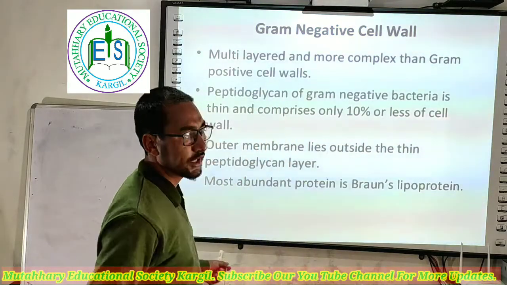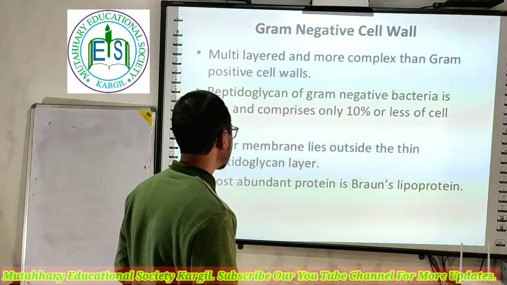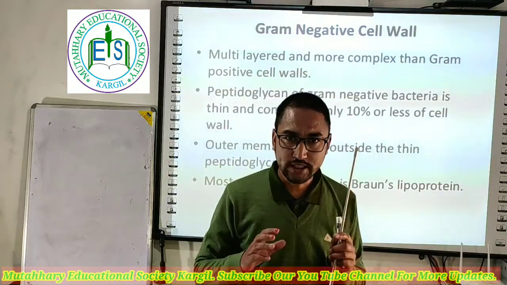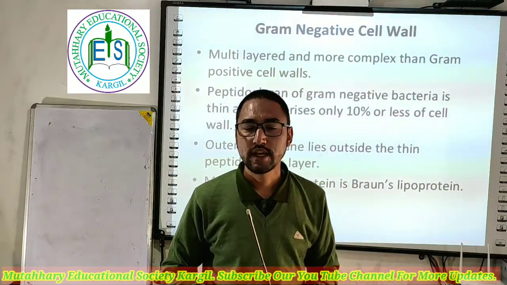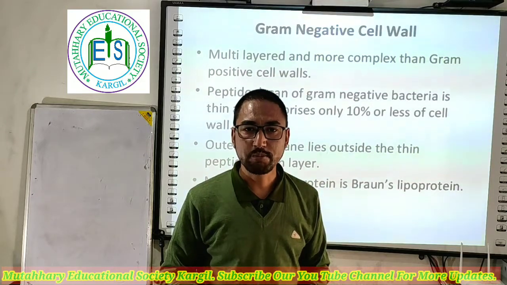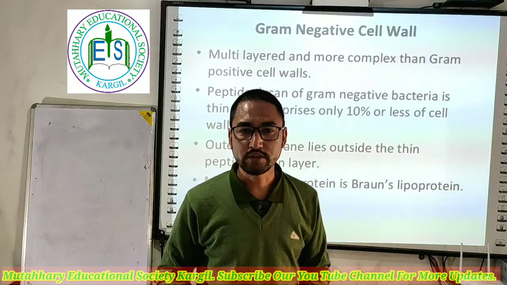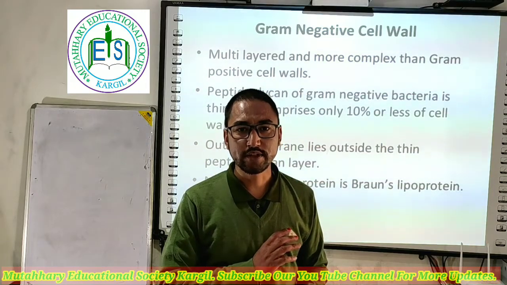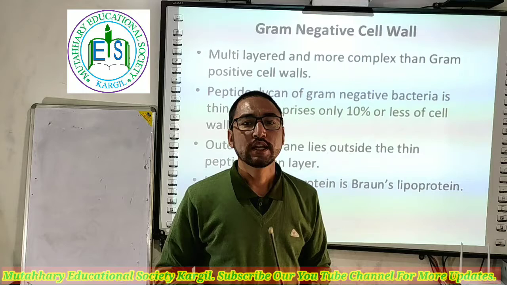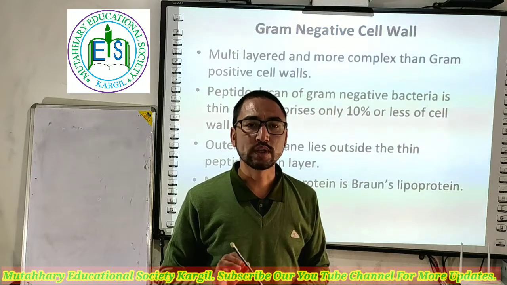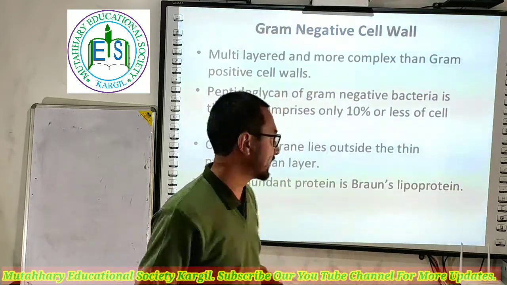Now the peptidoglycan layer of gram-negative bacteria is thin, and it comprises only 10% of the cell wall. Earlier we said that in gram-positive bacteria, peptidoglycan constitutes around 90% of the cell wall. Here in gram-negative bacteria, it constitutes only 10%.